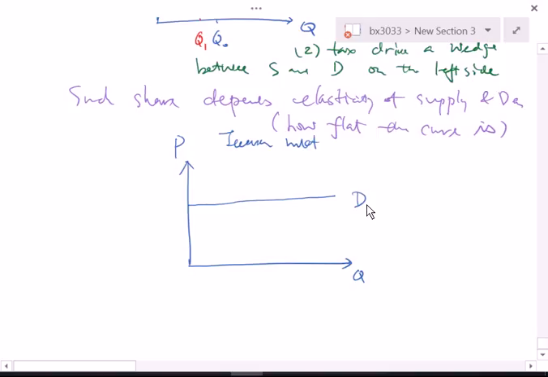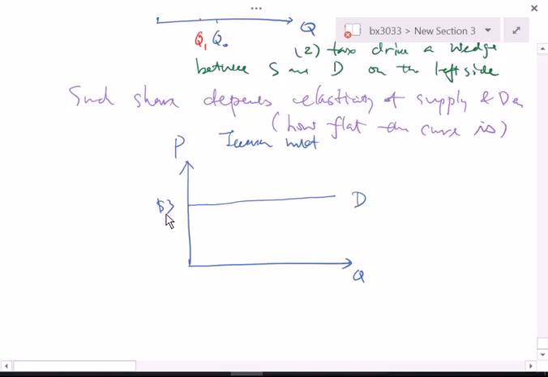A horizontal demand curve means that if the price increased by an infinitesimally small amount, all consumers are going to walk away. Demand will drop to zero. If price decreased by a very small amount, demand increases by infinity. So suppose this is $3.